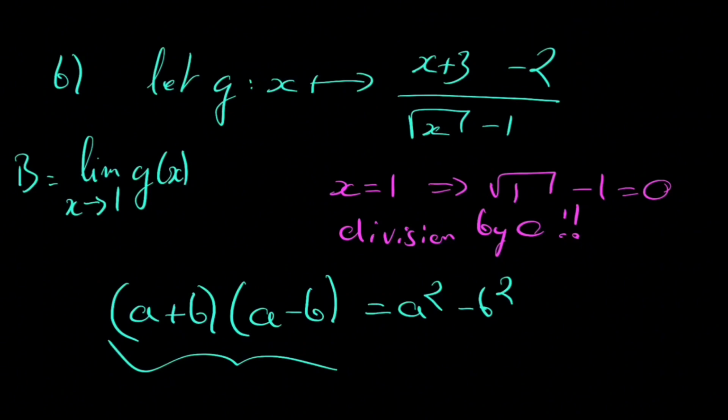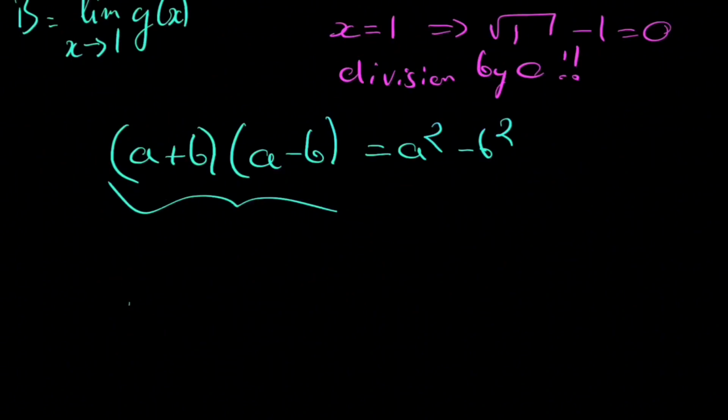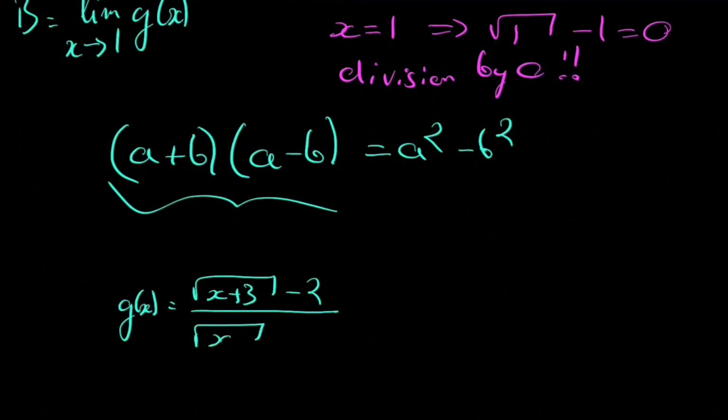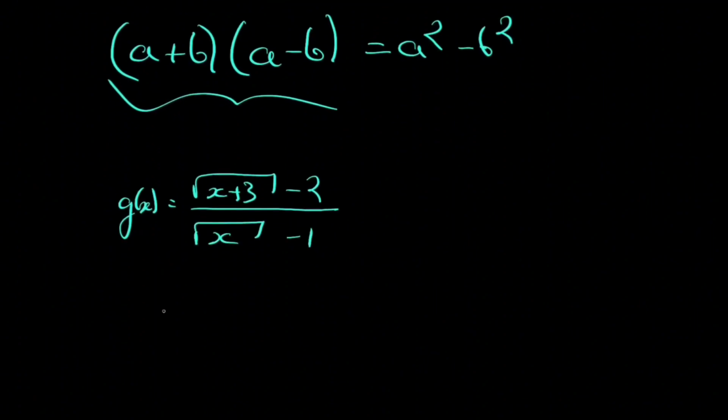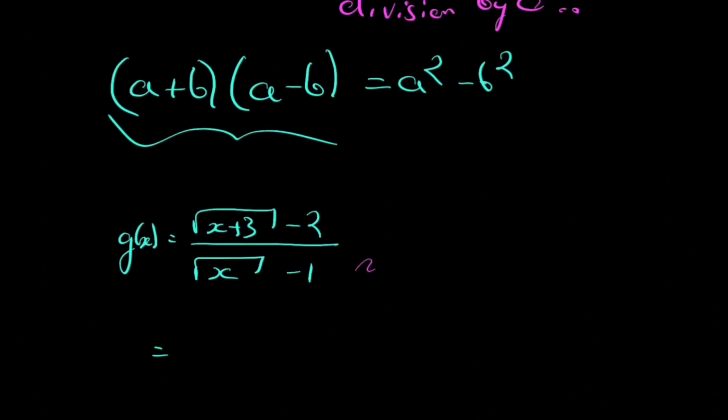So let's begin. We're going to write g of x is equal to square root of x plus 3 minus 2 over square root of x minus 1. Let's multiply by square root of x plus 1.